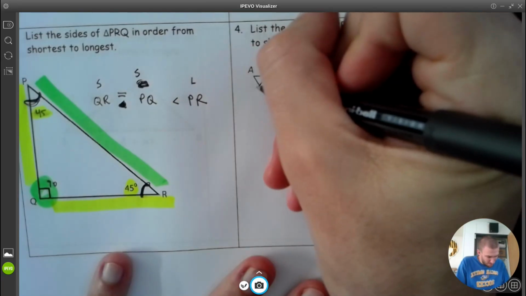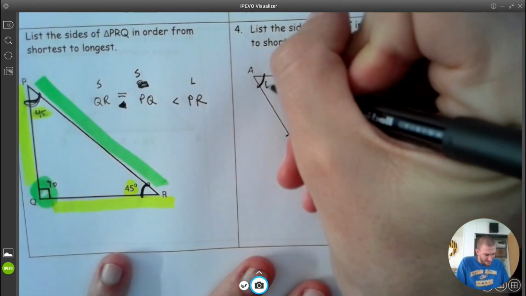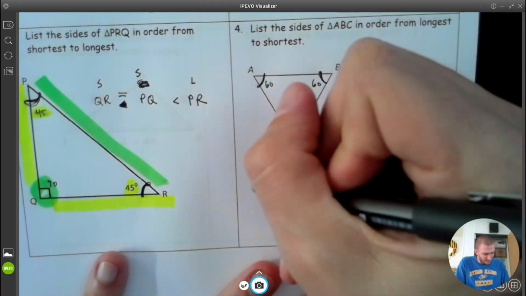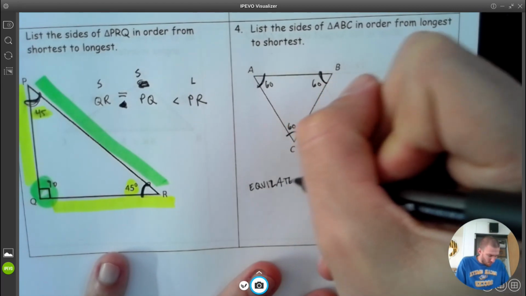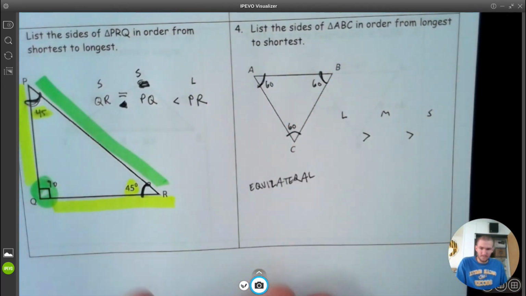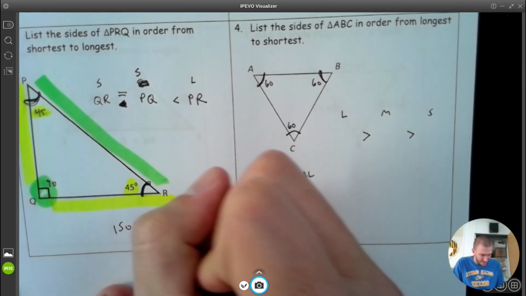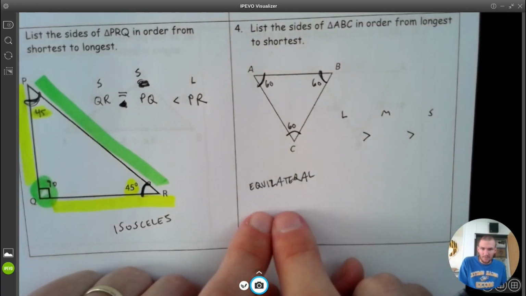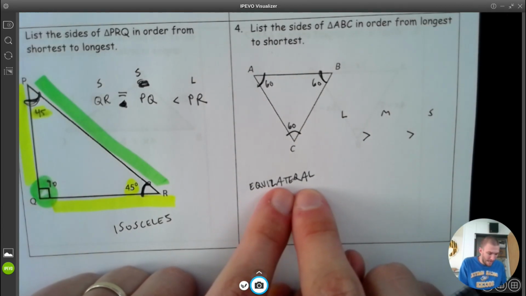Now for this one, I've got 60, 60, 60. The vocab word that we learned yesterday is equilateral, right? Maybe if I'm doing this, I should have labeled this one as isosceles. Now this is equilateral. It literally is equilateral.